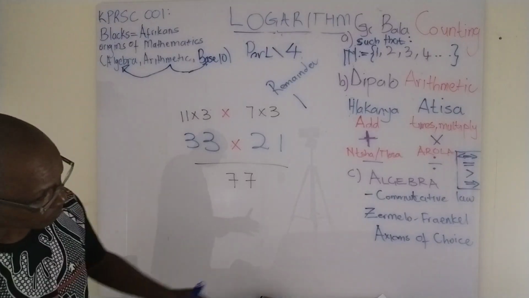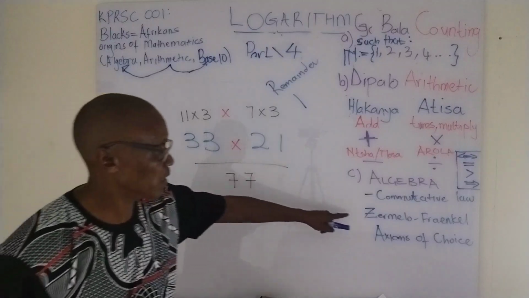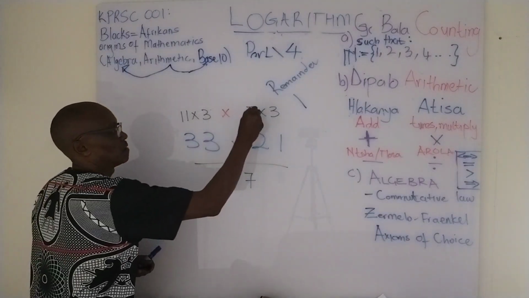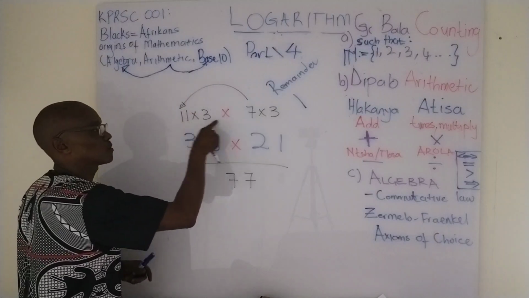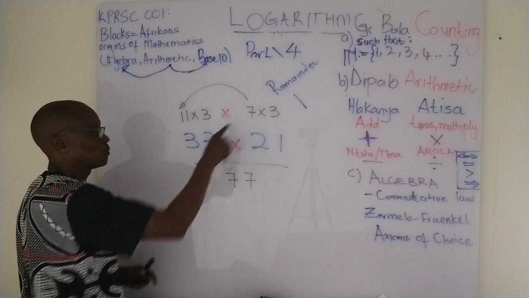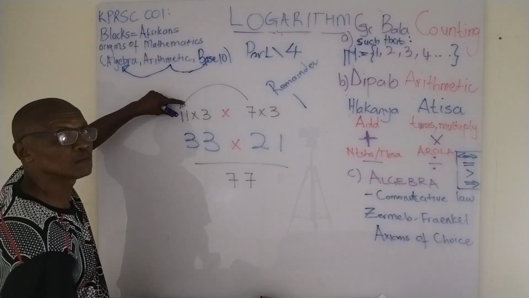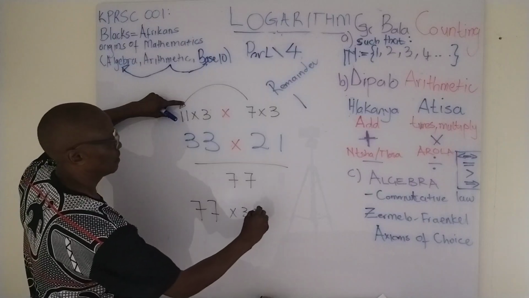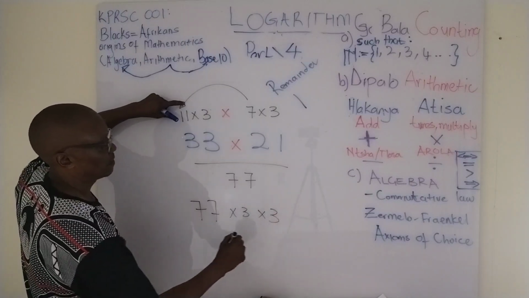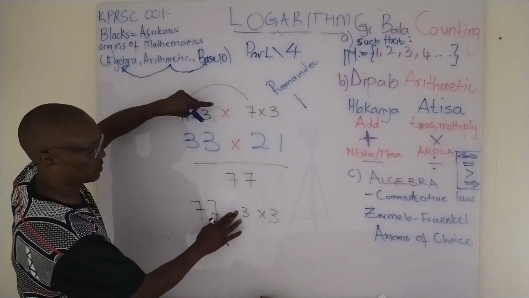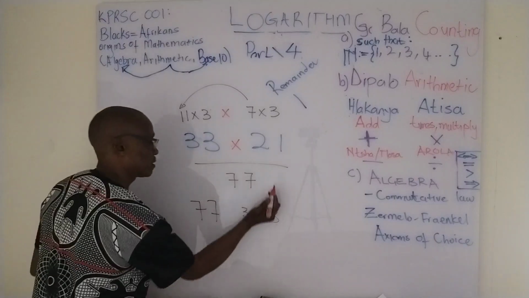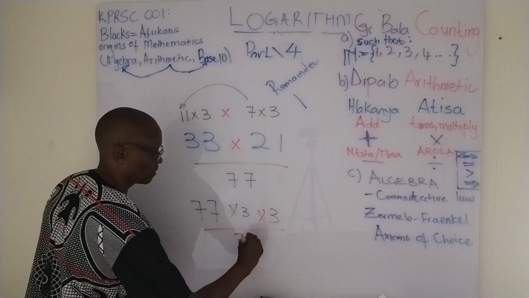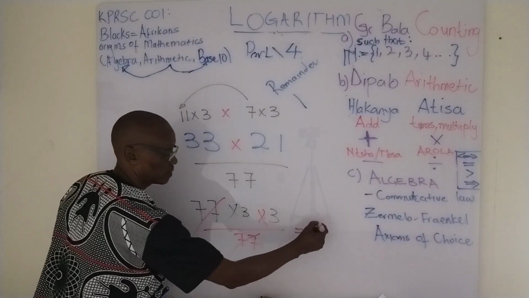Right. If you read your laws, you would have found another one called associative law, meaning you can multiply this 7 by this 11 across the multiplication, which will give you 77. Meaning you will have 77 times 3 times 3. But I'm dividing by 77. And then you do the famous thing, and your answer is 3 times 3.